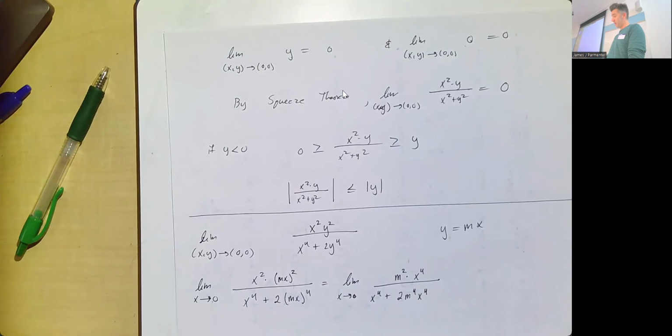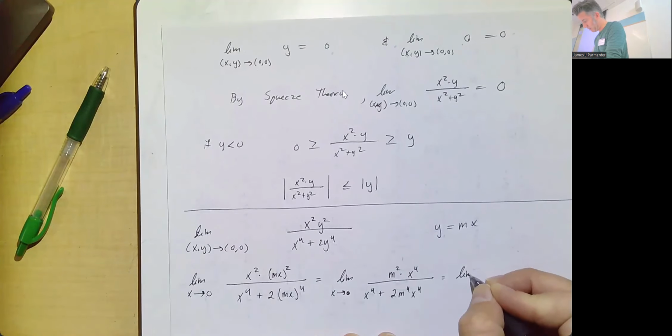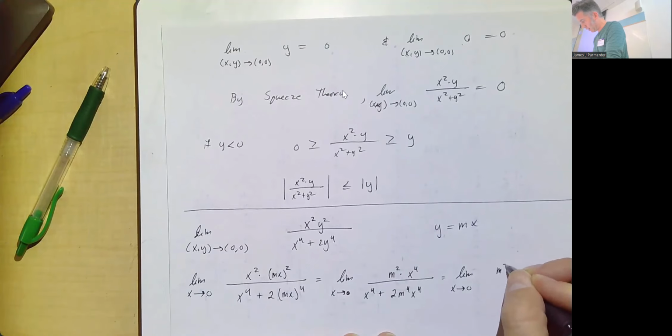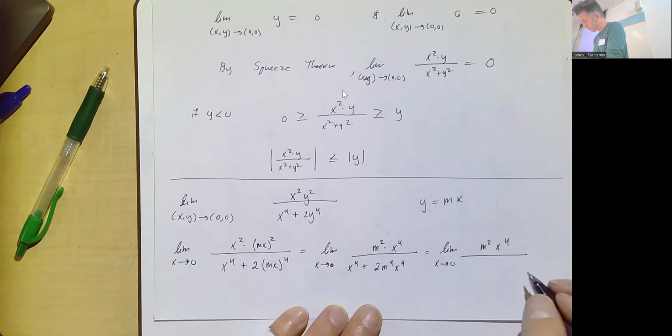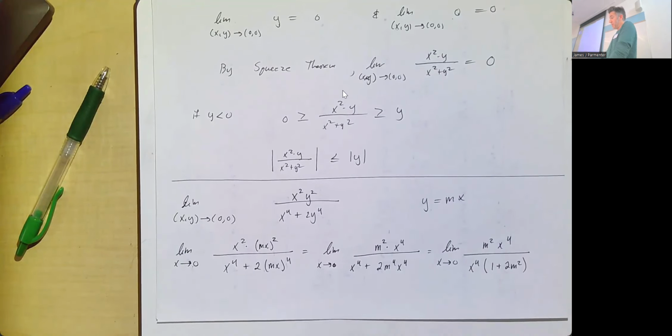I can definitely factor out an x to the 4th from the bottom. So I'm going to write this as the limit as x goes to 0 of m squared times x to the 4th over x to the 4th times 1 plus 2m squared. In this particular example here, the x to the 4th totally just cancel out.